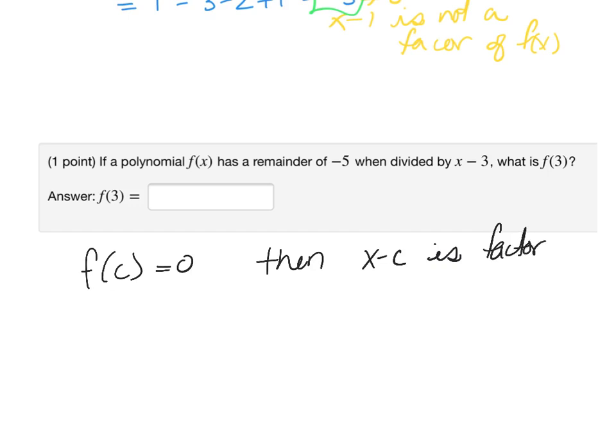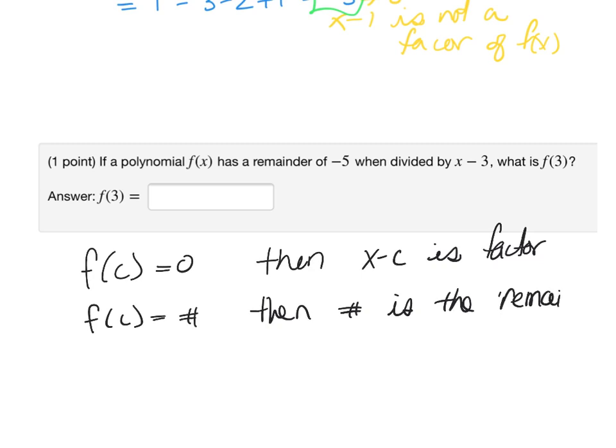The remainder theorem says if f of c is equal to some number, we'll call it the number, then that number is the remainder when you divide f of x by x minus c.